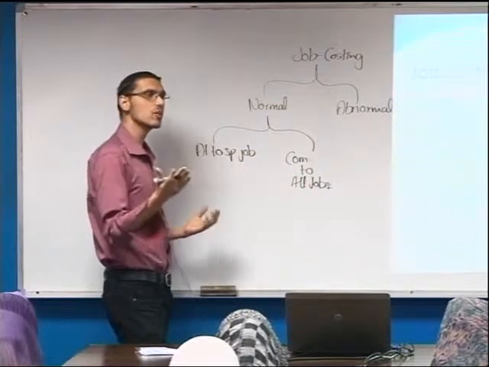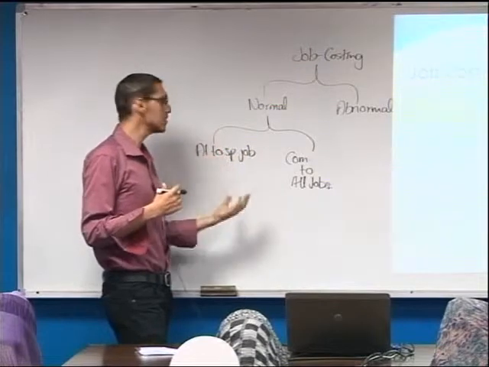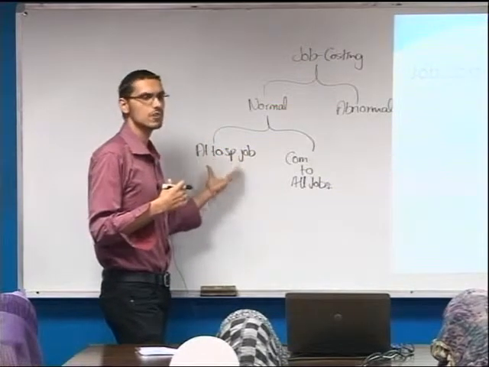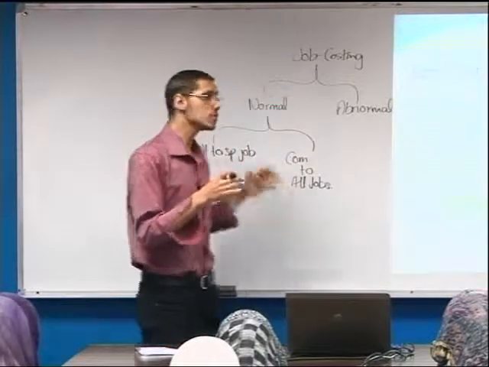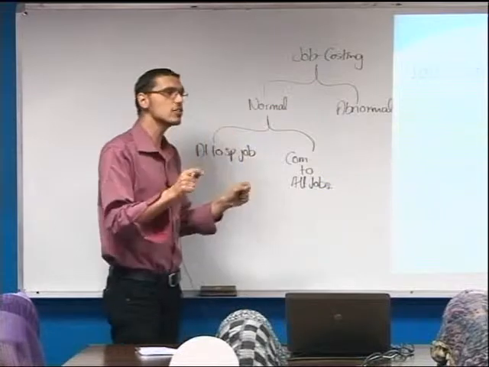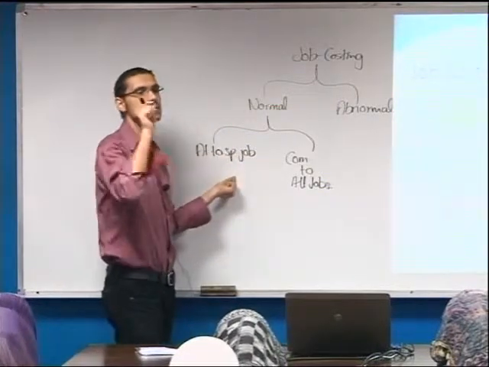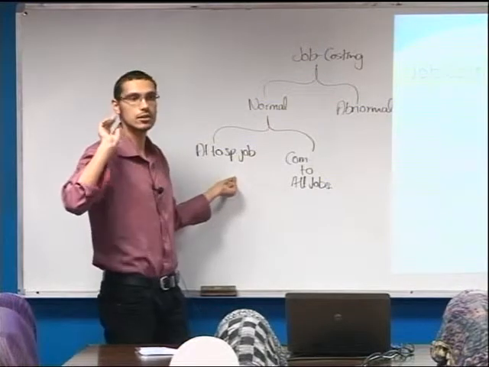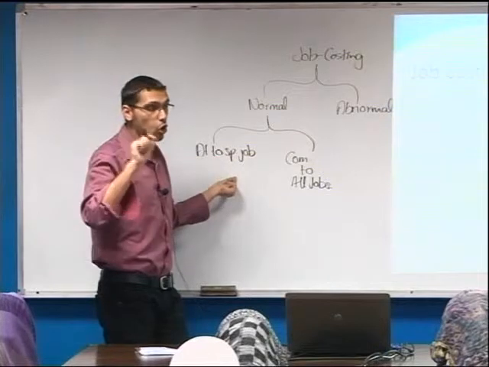If it is attributable to a specific job, the cost of the normal spoilage will be an addition to the good units in this specific job and this specific job only. Any questions?